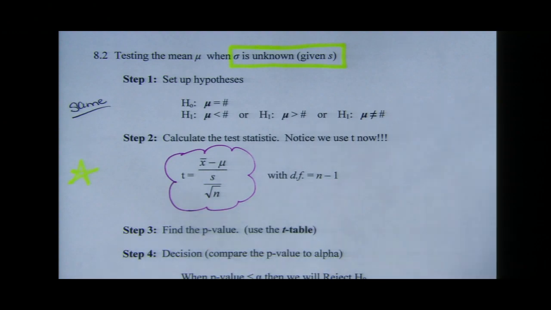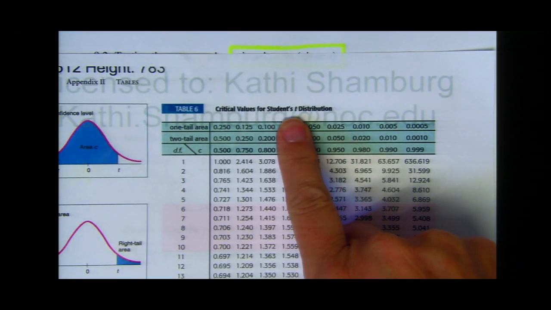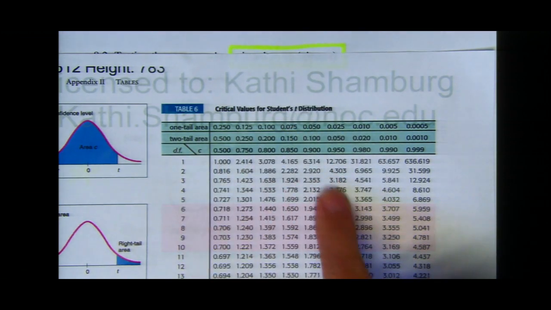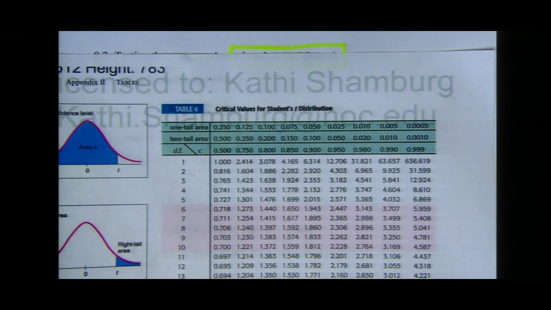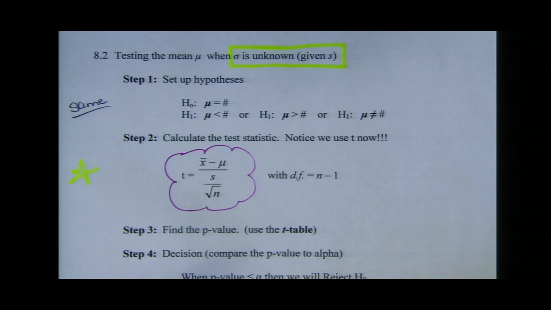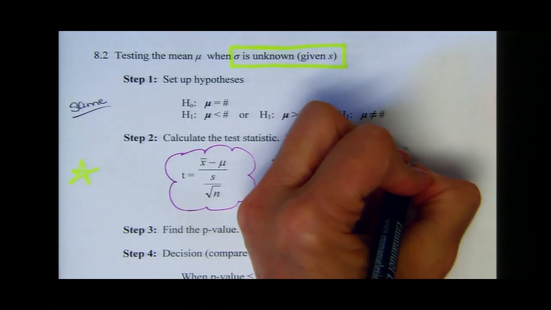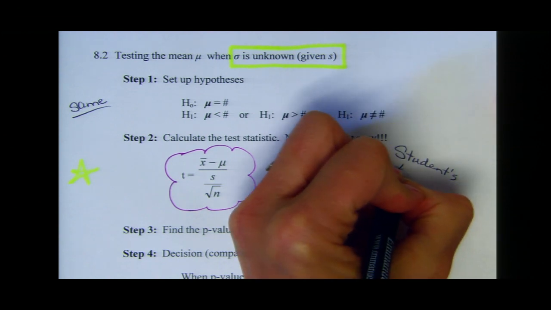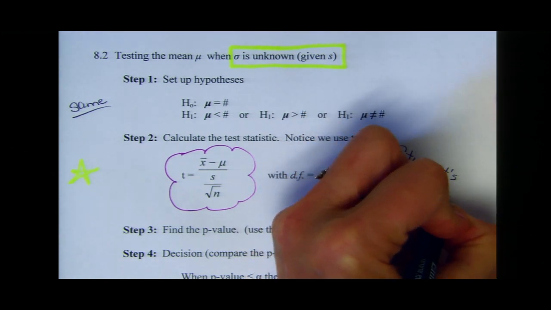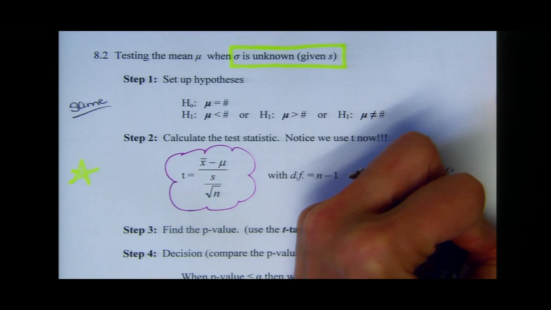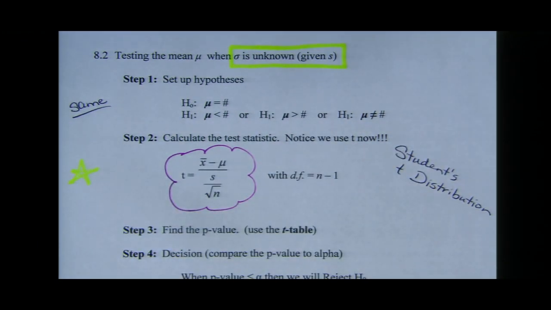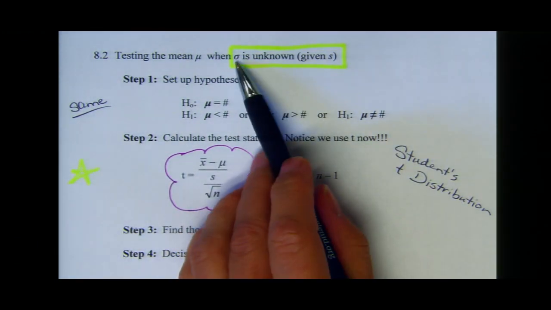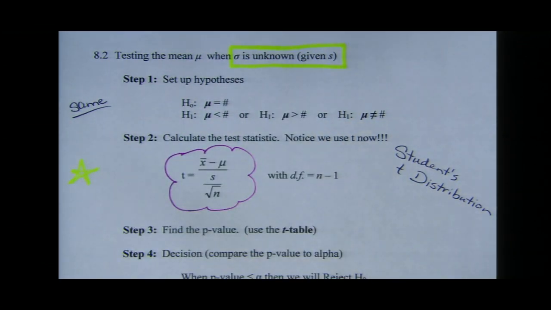So now instead of using the z-table, we are going to have to use the student's t-distribution table, which we used in chapter 7. So I'm going to write that over here. This tells me to use the student's t-distribution table. And again, the reason why is because sigma, the population standard deviation, is unknown.